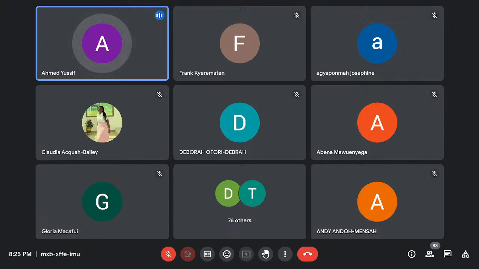So when you take 40 milligram Clexane, that 40 milligram Clexane is 4,000 units. And we are saying 1 milligram of protamine neutralizes 100 units of the Clexane. So that means for 4,000 units, you need 40 milligram of the protamine sulfate.